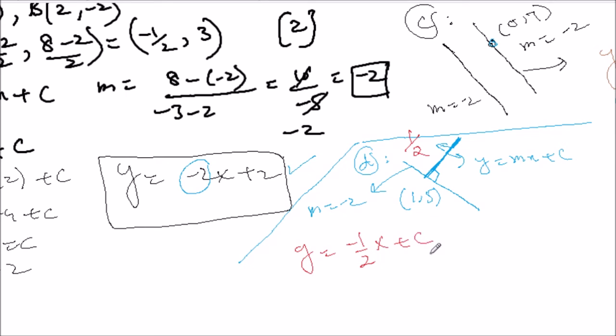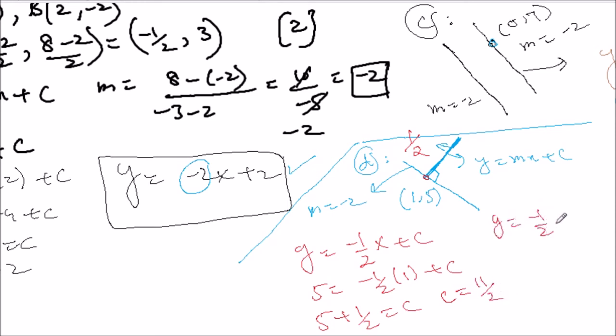How to find c here then? Since the line is passing through this point, we can input this point in the equation. So y is 5, minus 1 over 2 into 1 plus c. So 5 plus 1 over 2 is equal to c, and c becomes 11 upon 2. So the equation becomes y is equal to minus 1 over 2x plus 11 upon 2.